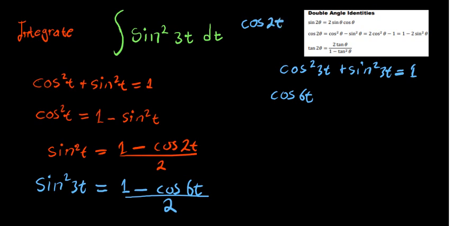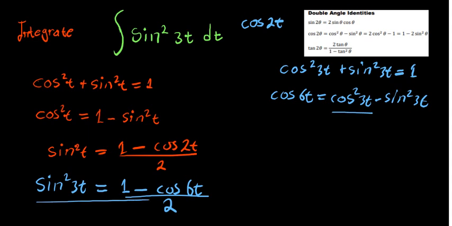So the coefficient of the angle, which is the 2, multiplied by the 3 here, gives us a 6. So this could have been equal to cos squared 3t minus sine squared 3t, like that. From this Pythagorean identity, you just make cos squared 3t the subject of the formula, then you substitute here, and you're still going to arrive at this destination.